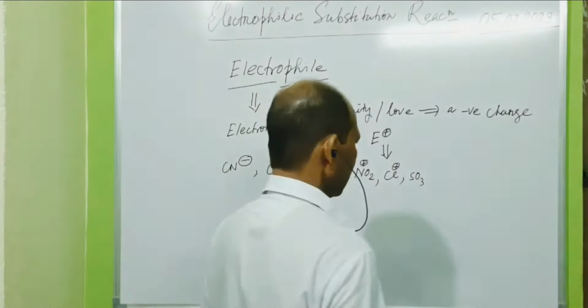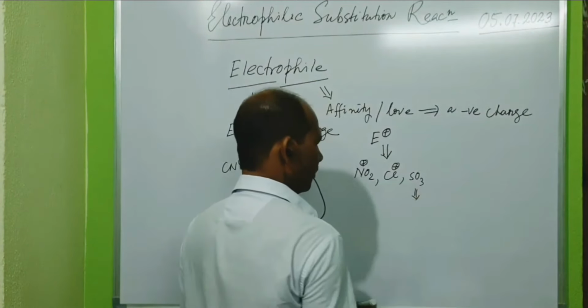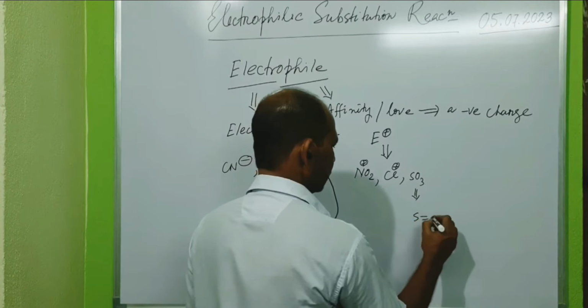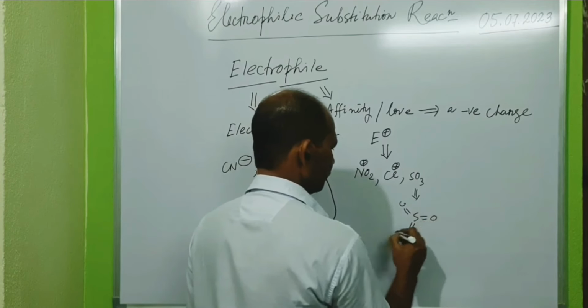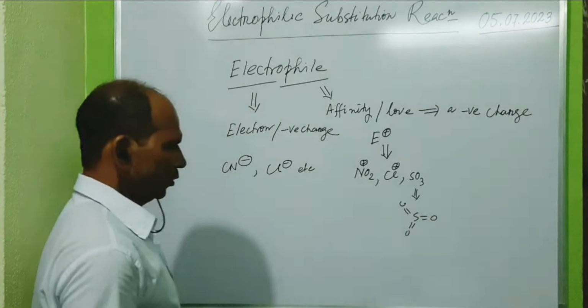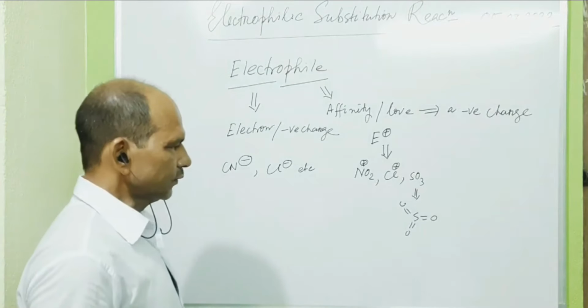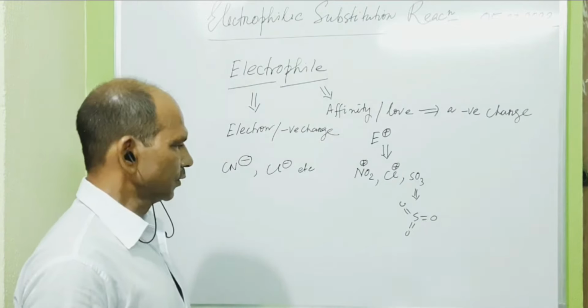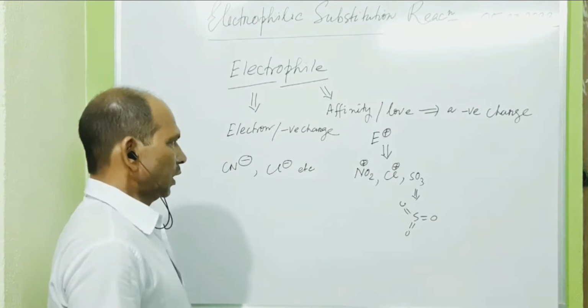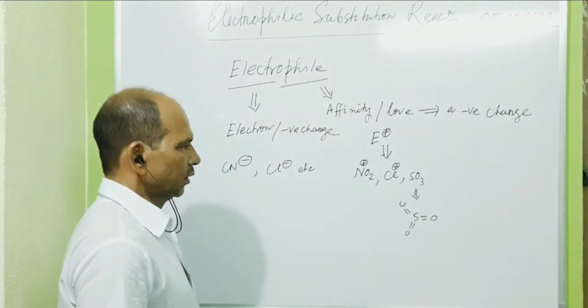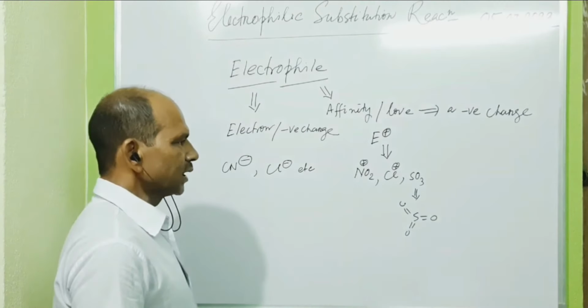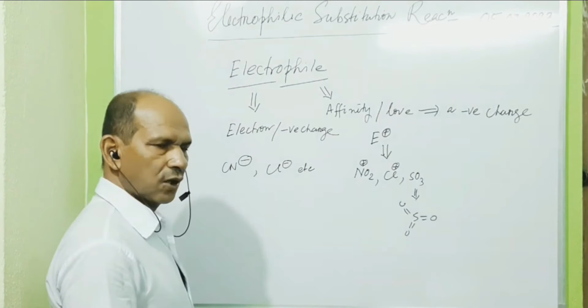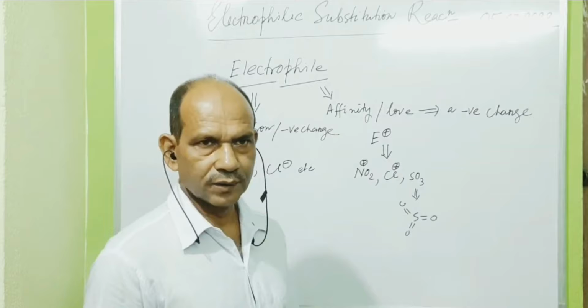For example, sulfur dioxide. If we draw the structure of sulfur dioxide, look, there are 3 pi bonds. So, an electrophile would be either a positive charge or a neutral species.